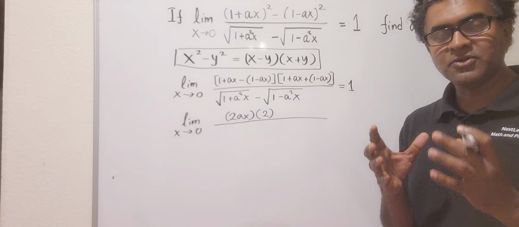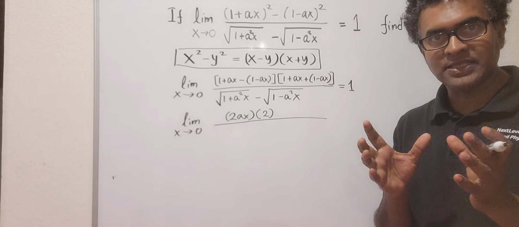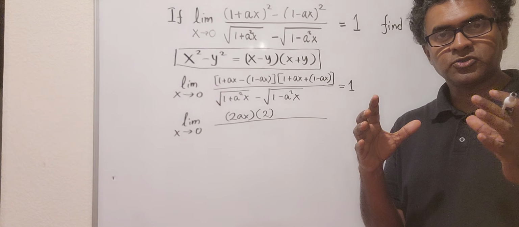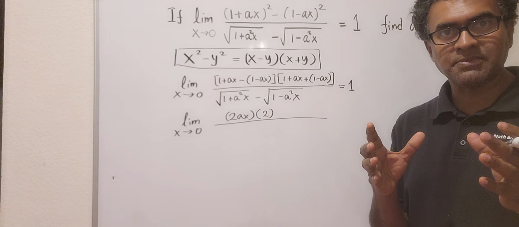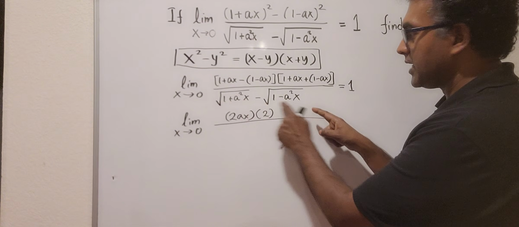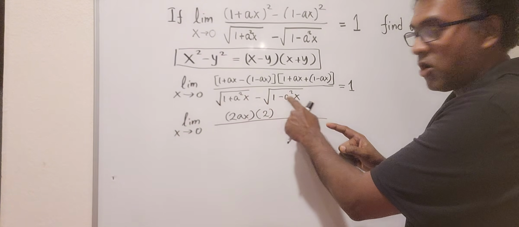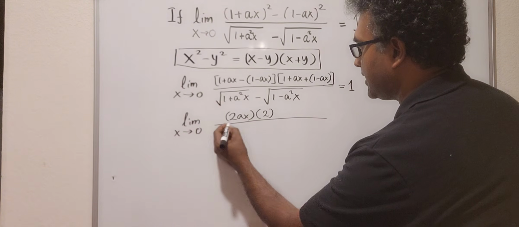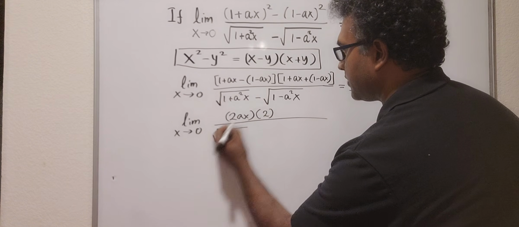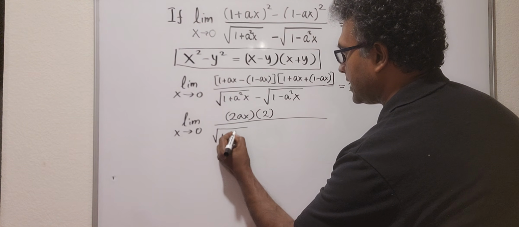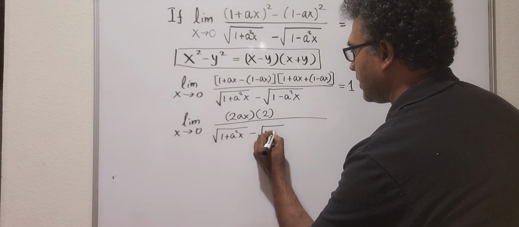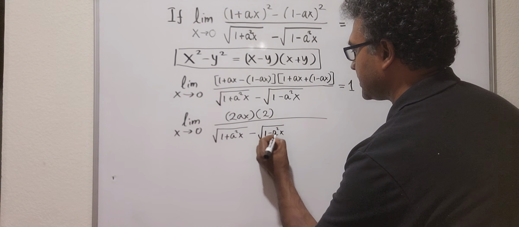Now, if you look at this, this is a square root minus another square root. So what I'm going to do now is simplify the denominator, because I have simplified the numerator. To simplify the denominator, I'm going to use something called the conjugate. So I'm going to use the conjugate of this term, the denominator. This is the original one that was given, square root 1 plus a squared x minus square root 1 minus a squared x.